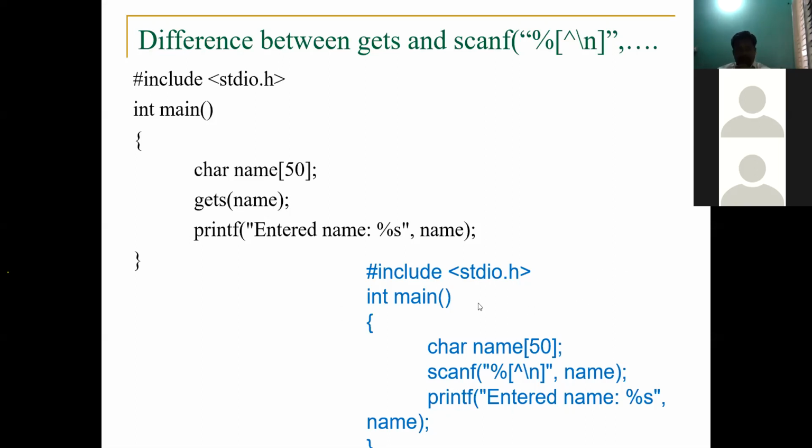In the next code, instead of using gets, I'm using scanf. Within double quotes, I have a percentage symbol, and within square brackets, it is caret, backslash n, name. So what is the difference between these two programs? We need to understand the significance of the caret here.